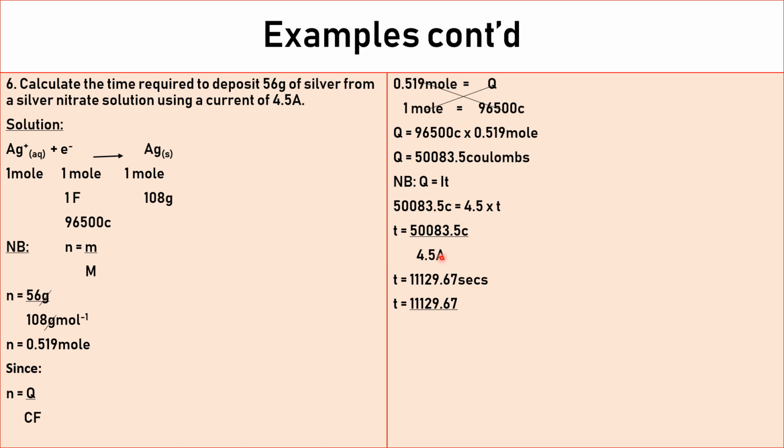Then the time is 11,129.67 seconds. In case you are asked to leave your answer in minutes, divide that value by 60, and that will give you 185.5 minutes. If you are asked to leave it in hours, divide this by 60, and that will give you 3.1 hours.